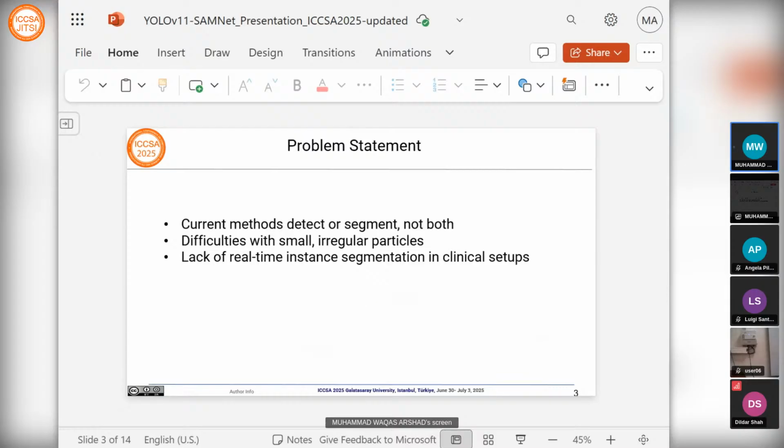Due to the small particles and irregular shapes commonly found in urine sediments, existing methods struggle with accurate precision and accuracy for the detection and the segmentation. So that is what we perform in our research work.